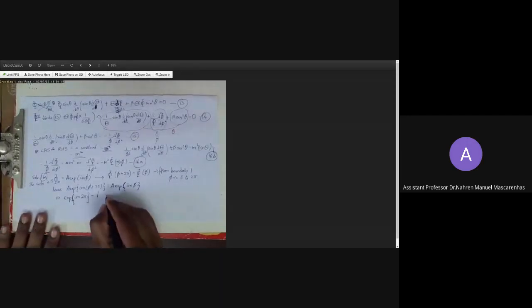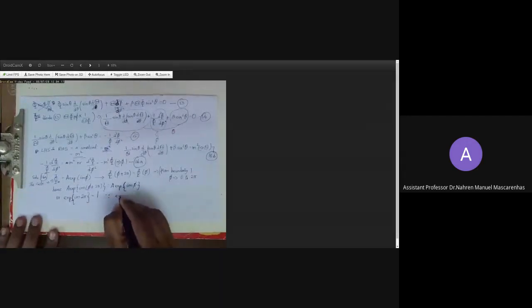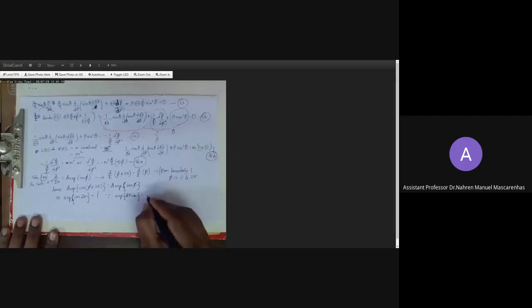Since it is an exponential, we can write this in terms of sine and cosine functions. So exponential 2 pi i m is equal to cos of 2 pi m plus i sin of 2 pi m.